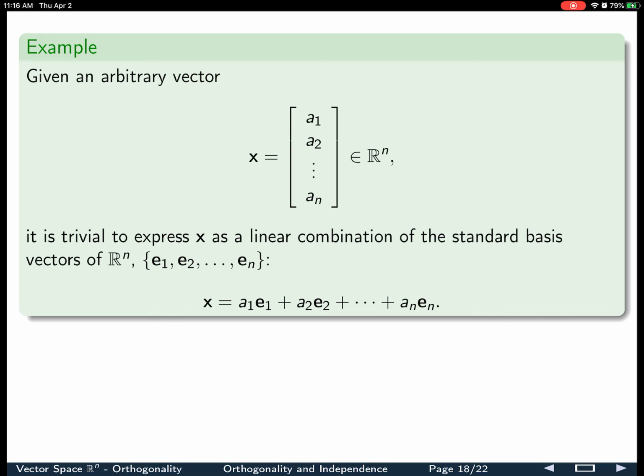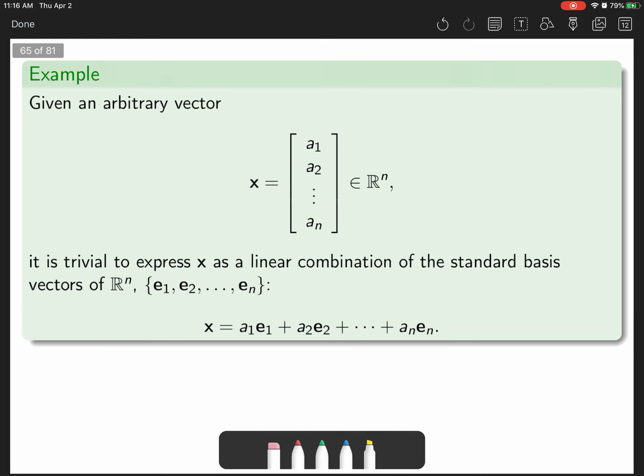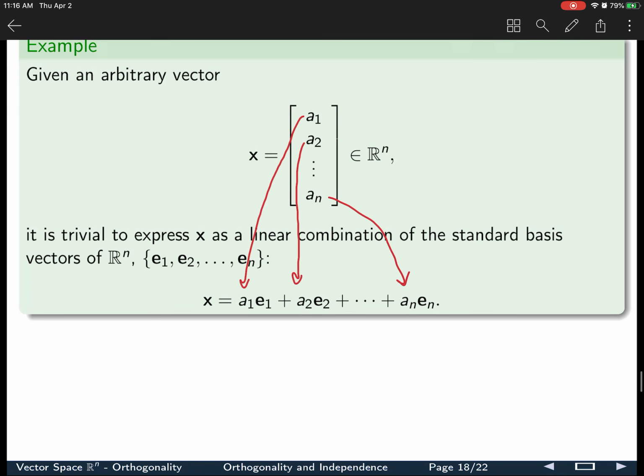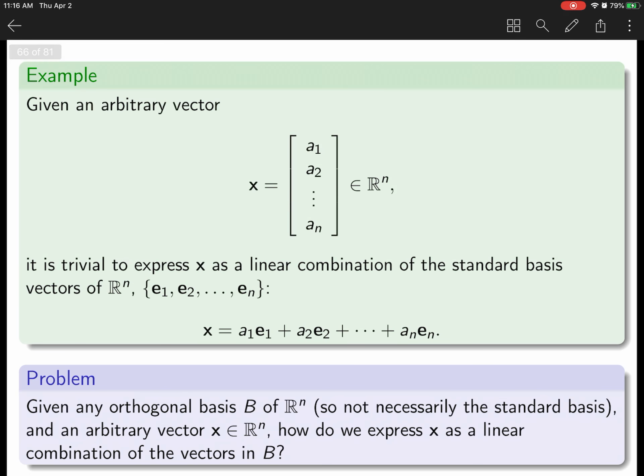But this is an important pattern to recognize because we're going to utilize the same pattern when we express x maybe as a linear combination of basis vectors that aren't the standard basis. In this case, it's really easy, but soon we're going to get to the meat of this section and get some interesting ideas here.